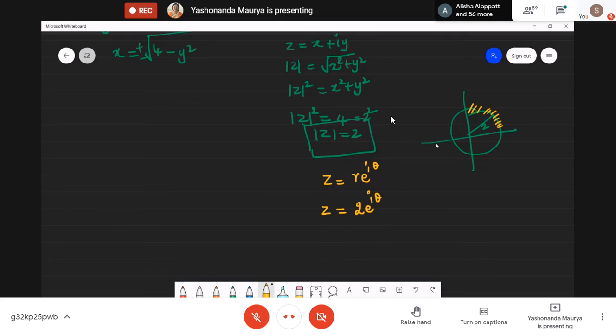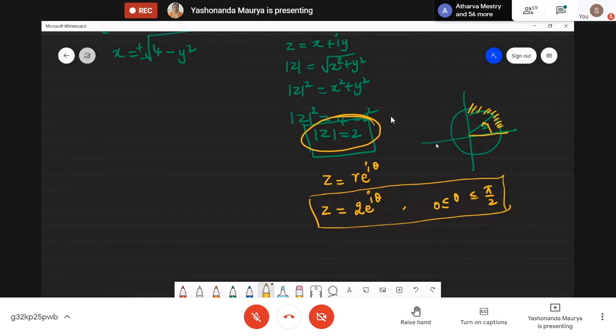Theta is measured starting from the x-axis, so theta will go from 0 to pi by 2. So this will be the expression. If it is the entire circle, we will conveniently use the earlier form. If it is some part of the circle, then this form will help us out. We will do more about complex integration in the next session.